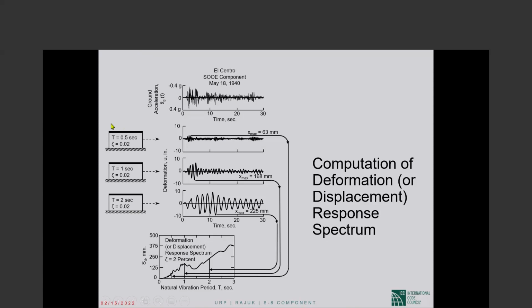Now, if we subject the base of this first frame to the north-south component of the 1940 El Centro ground motion, from structural dynamics, we can calculate the displacements at the roof level, the horizontal displacements, and that's what the displacement history looks like.